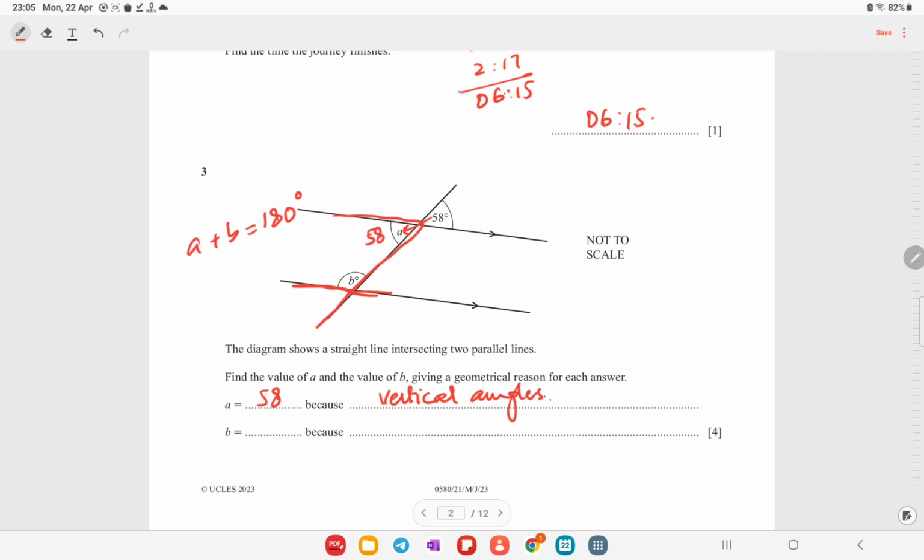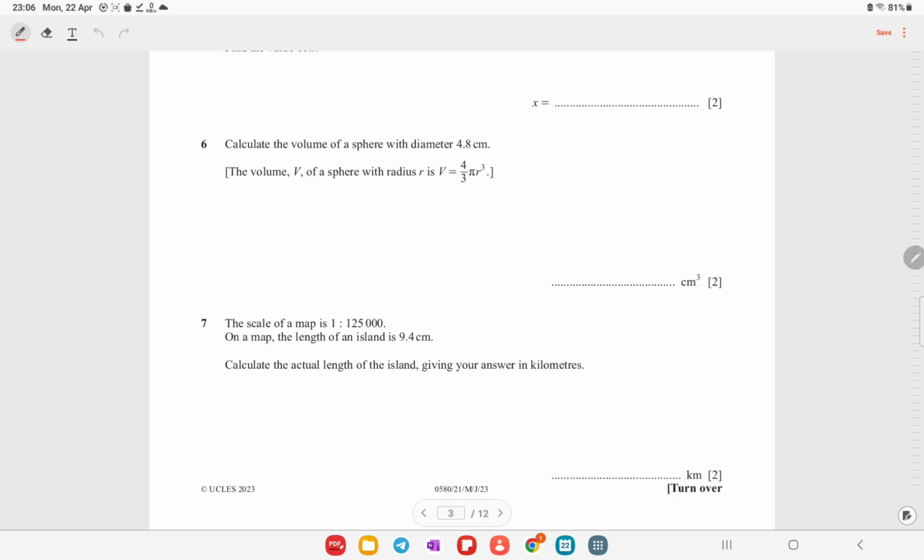A plus b is 180. So put the value of a as 58, plus b equals 180. If you solve this, minus 58 degrees, this is going to be your b, which is 122 degrees. So you can call these corresponding angles. Okay, let's move to the next question.